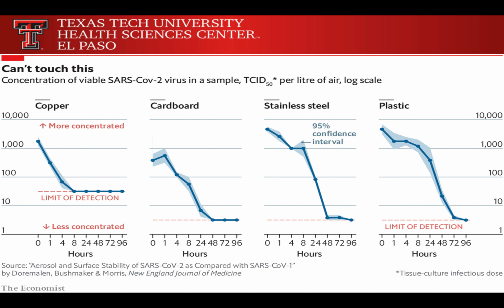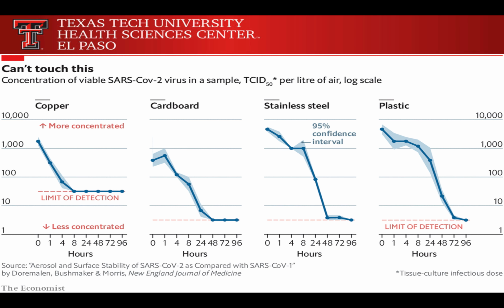Why is it important to clean frequently touched surfaces? Well, these graphs show us why. On copper, coronavirus was detected up until about 8 hours after being planted on the copper. Cardboard, we can see coronavirus was detected even longer, up to about 2 days.